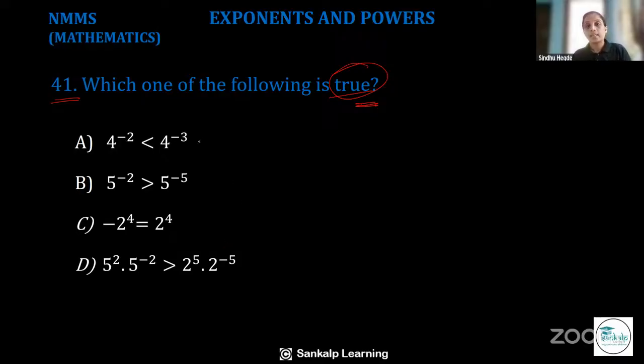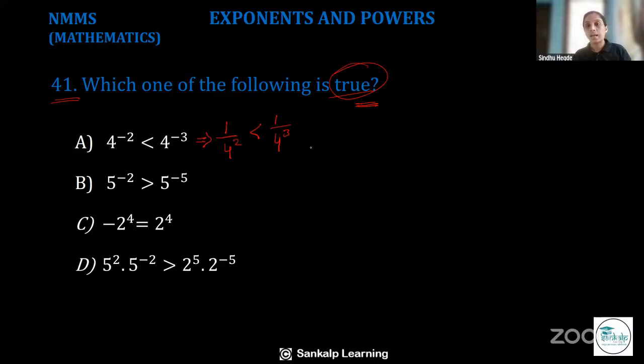So let me calculate one by one and later we can easily say which one is true and which one is false. 4 raised to minus 2 is less than 4 raised to minus 3. First remove this negative sign. So 4 raised to minus 2 is nothing but 1 by 4 square, less than 1 by 4 cube. How to say that it is less than?